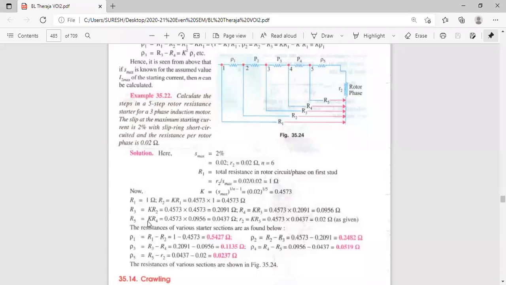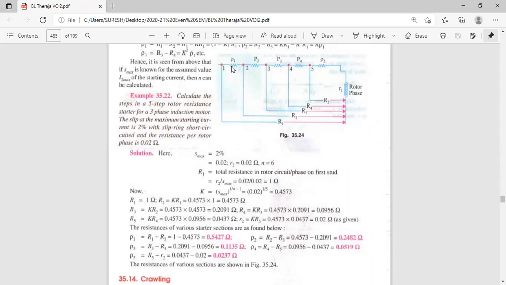This is the last one. The rotor resistance R2 is K into R5. If you know K and R1, we can determine R2, R3, R4, R5 and the rotor resistance also.